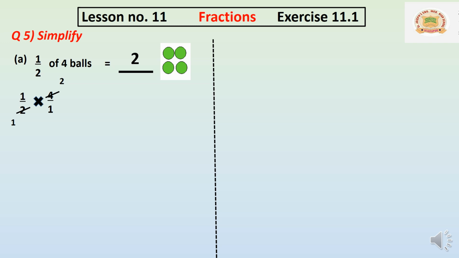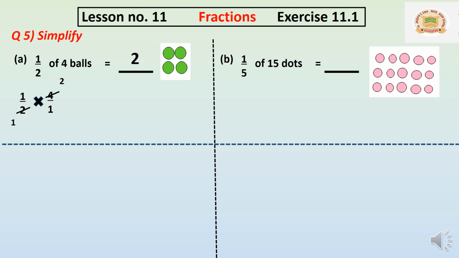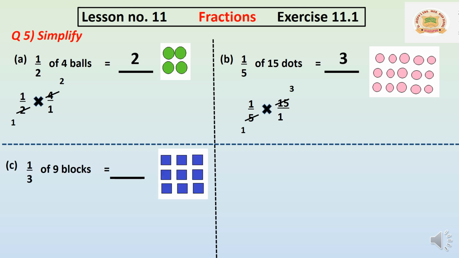Let's do one more question. It will be more clear for children too. 1/5 of 15 dots. So 15 by 5. 5 ones are 5, 5 threes are 15. So each will get 3 balls. 1/3 of 9 blocks. 3 ones are 3, 3 threes are 9.